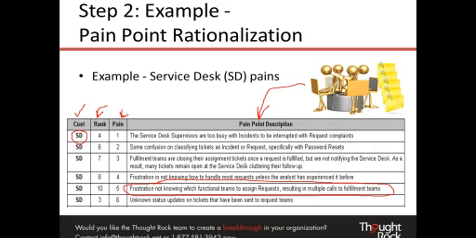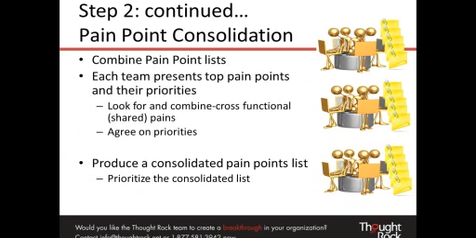So if every team does this, we can start combining all of these lists. And that's what my next slide goes towards. So we have our spreadsheets submitted. If you're the one facilitating the pain point analysis, you're going to combine and consolidate them. So again, we're going to use our teams involved to help us do this. So starting off at the beginning here, we combine our pain point lists.